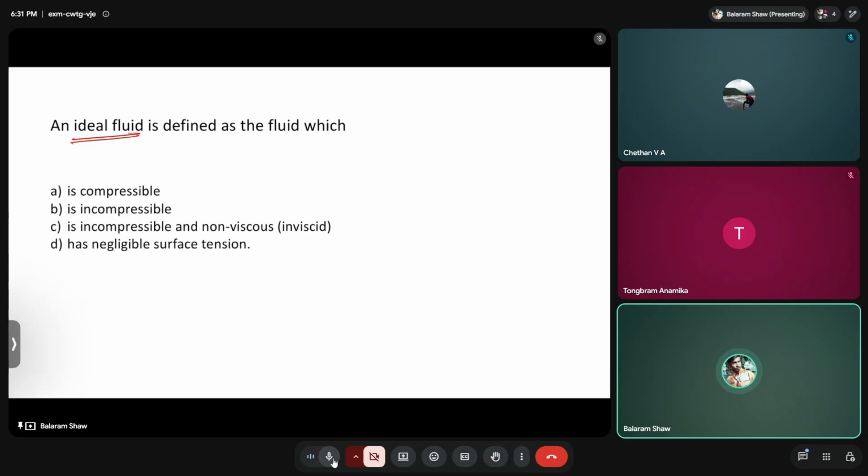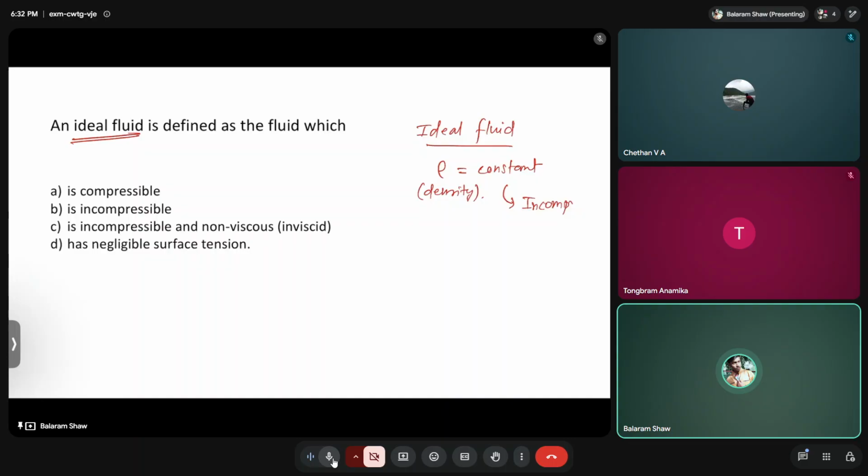Here we consider the density as constant, because if density is variable, the process becomes more complex. So it should be incompressible, right?